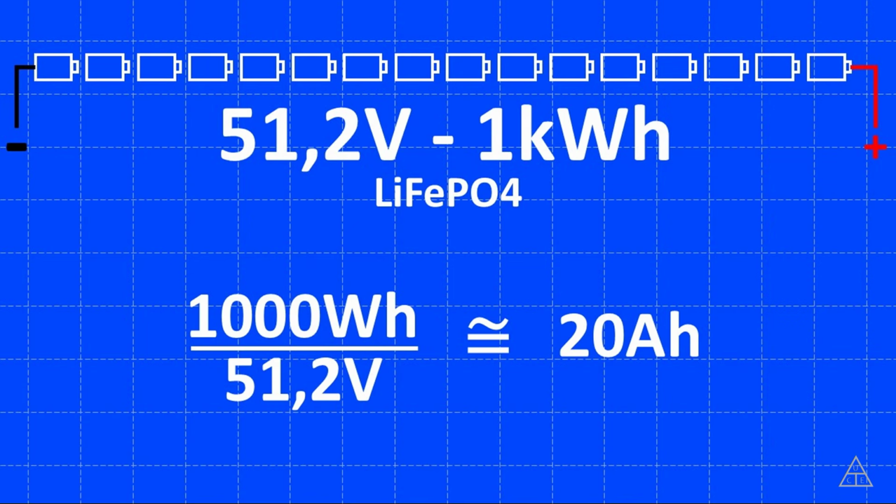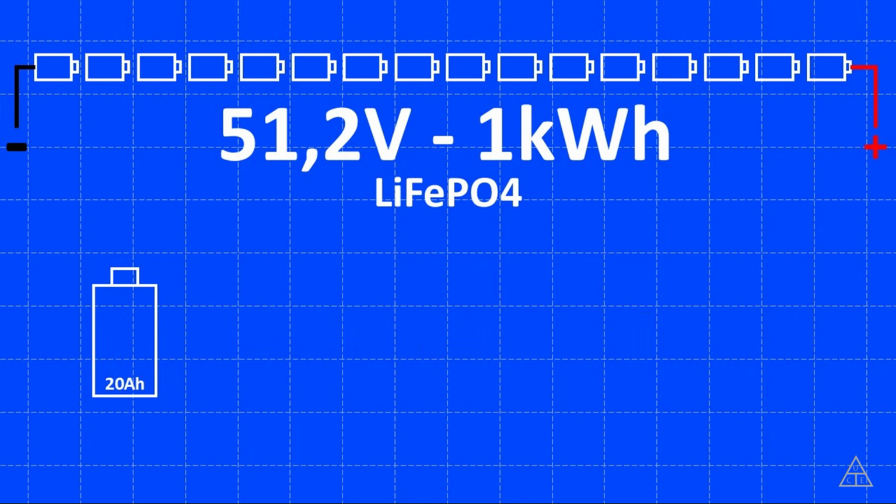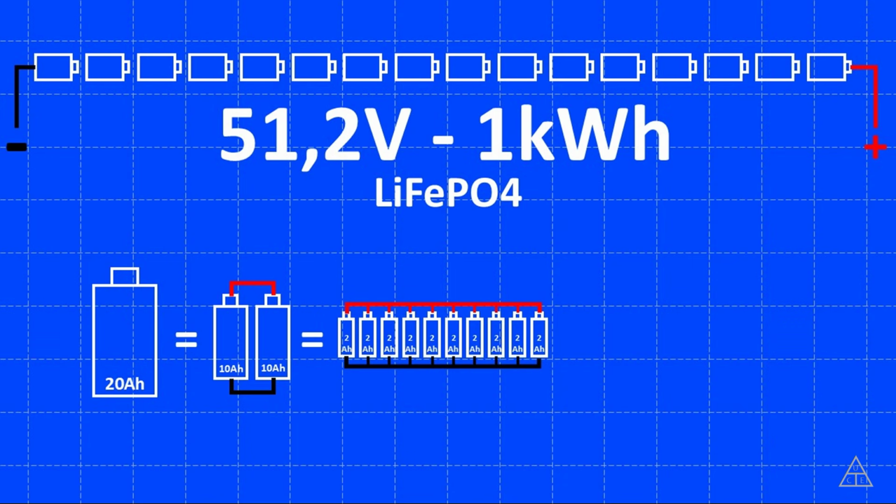This means that for each series of this battery pack, I need to have a 3.2 volt battery with 20 amp hour capacity. To get this battery capacity, I can use a single cell of 20 amp hour, but that's exactly the same as using, for example, two batteries of 10 amp hour, each one connected in parallel. Or using 10 batteries of 2 amp hours each one connected in parallel.